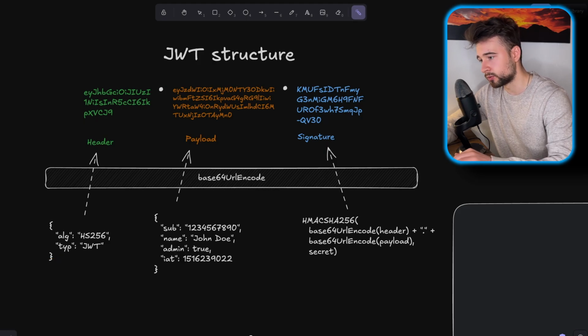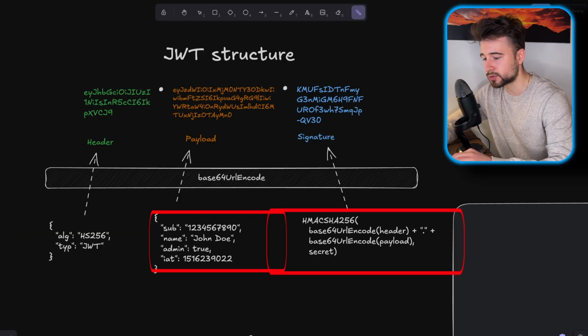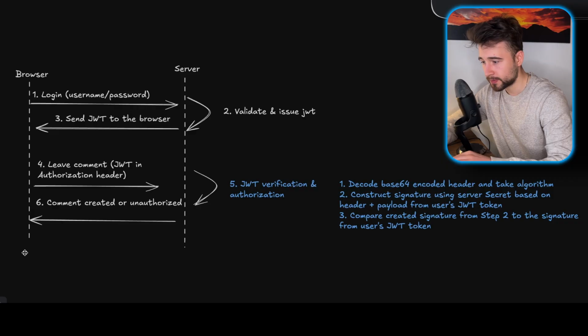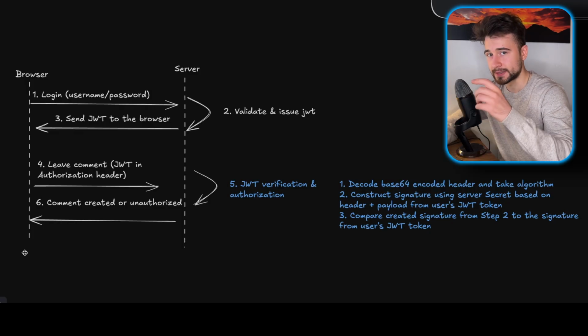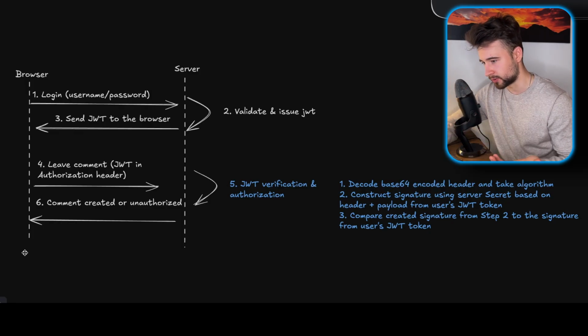So our server would take this part, essentially take what the user provides us here, put it in the hashing function, and apply our secret stored on the server to arrive at the signature. Then in step number 3, the server would compare the created signature from step number 2 to the signature that exists as a part of the JWT token that the user provided us.